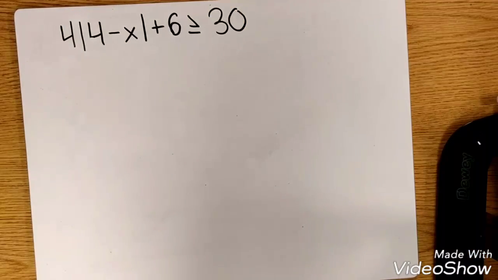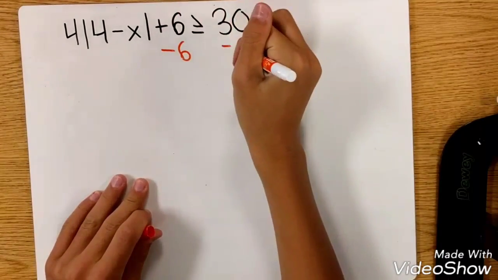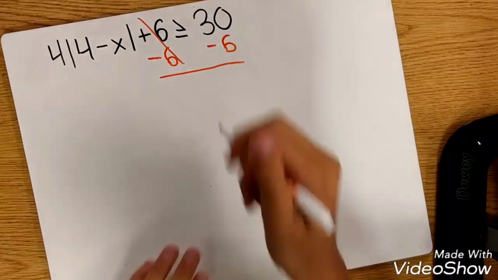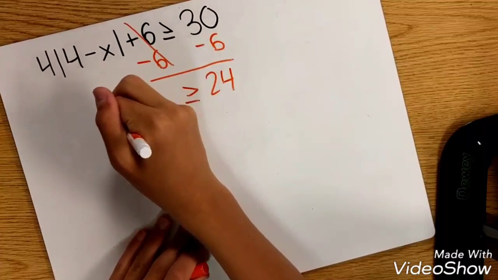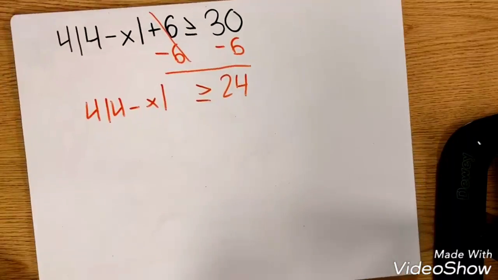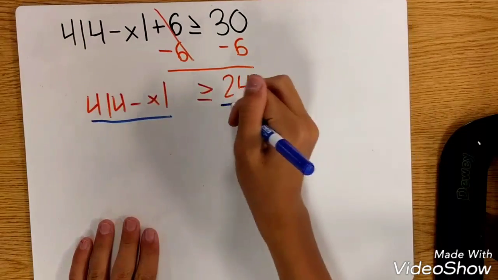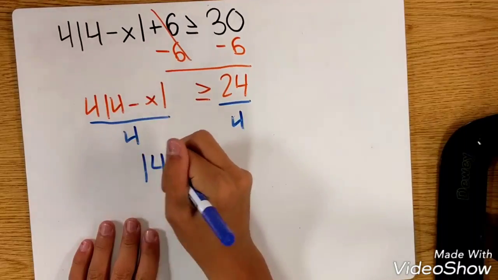For our second problem, we have 4 times the absolute value of 4 minus x plus 6 greater than or equal to 30. Next, we have to subtract 6 from both sides of the inequality. We end up with the inequality of 4 times the absolute value of 4 minus x is greater than or equal to 24. Next, we divide both sides of the inequality by 4.